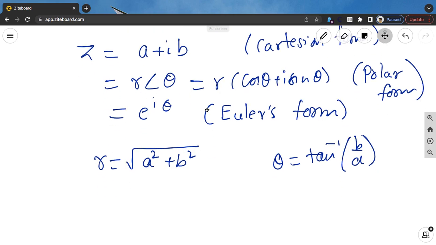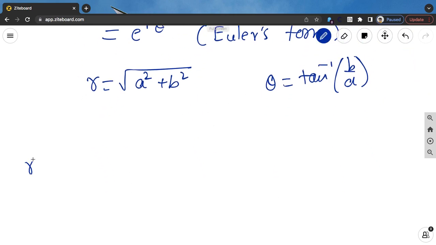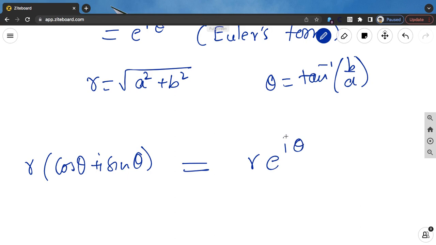Now, if r cos theta plus i sin theta is same as r e raised to i theta, then let me see what happens when I raise a complex number to a power. Okay, so z is raised to 2, for example.